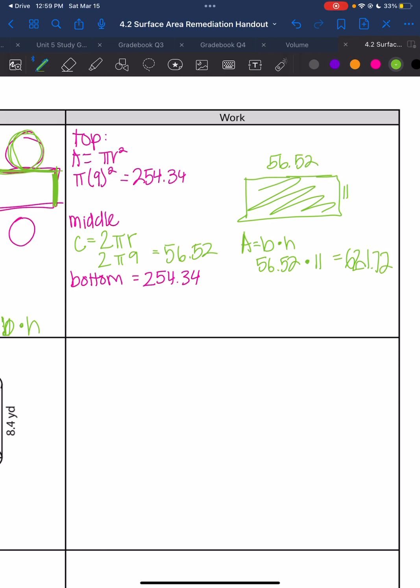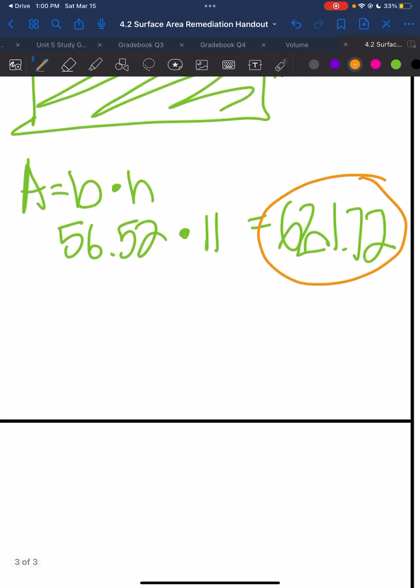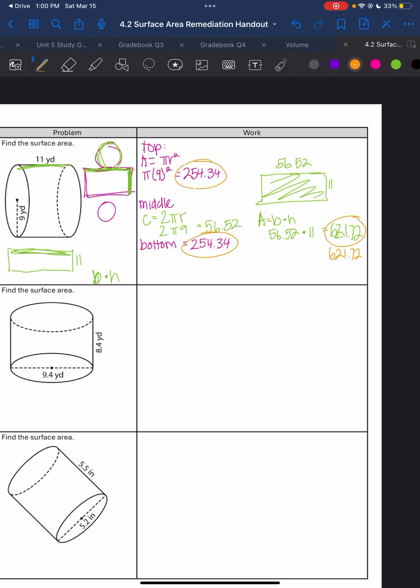So now to find my total surface area, I'm going to add 254.34 plus 254.34 plus 621.72. I don't know why my pencil is being weird, but let me rewrite that.